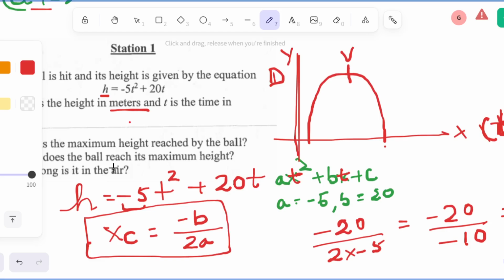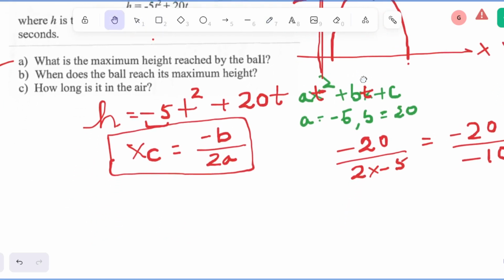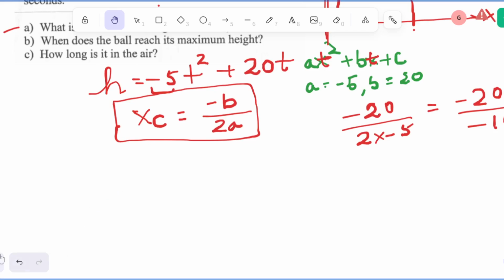Now when does the ball reach its maximum height? Just put t equal to 2 here. You'll come to know, right? Let's do it. Let me drag it a little up. So h will be, what was the equation? Minus 5, right? So minus 5.